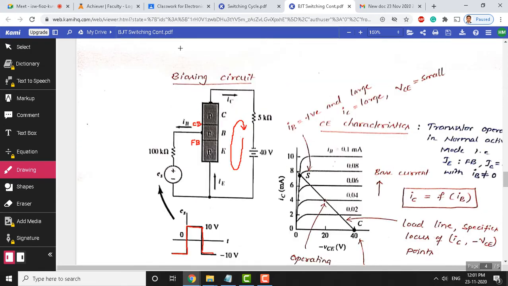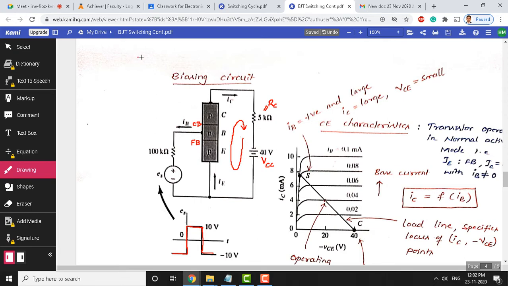You can consider the supply voltage, the battery, as VCC, since it is connected to the collector, and this resistance as RC. Now, if you apply KVL in this loop, starting from this battery connected here, VCC 40 volts, you can arrive at the KVL equation.